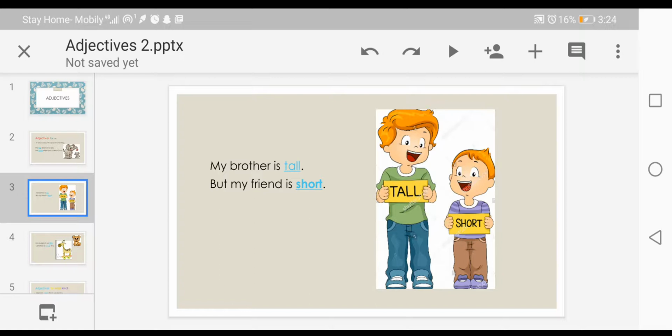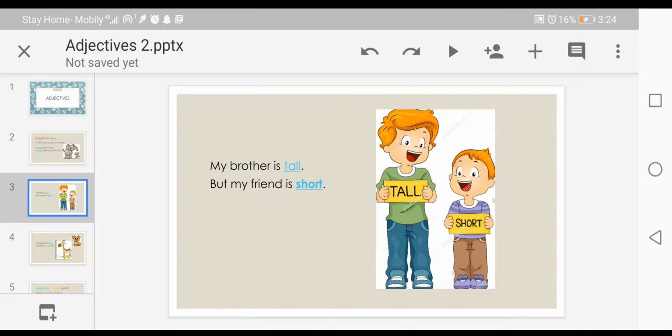When I describe them with size adjectives like tall and short, now you will be able to know.